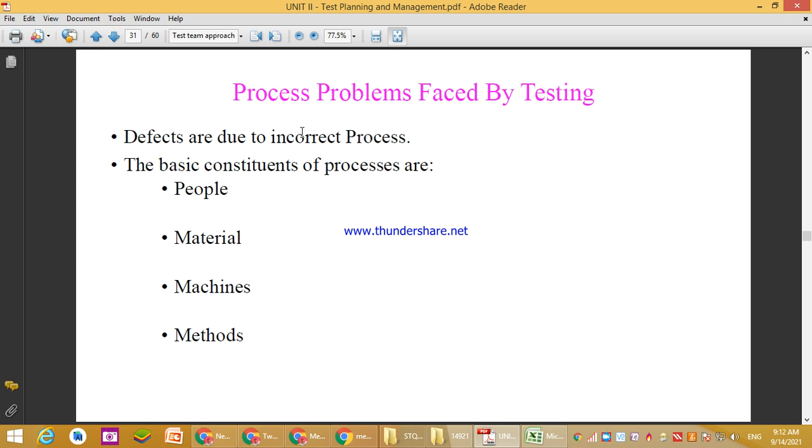Second, people means clients, people means users. Users may also create problems in testing if the user doesn't have proper knowledge about that particular product.